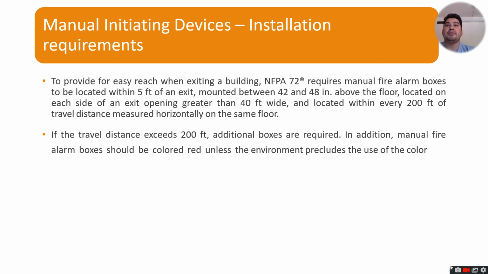So these are the requirements whenever you are installing any manual initiating devices. If the travel distance exceeds 200 feet, additional boxes are required. In addition, manual fire alarm boxes should be colored red unless the environment facilitates the use of another color.